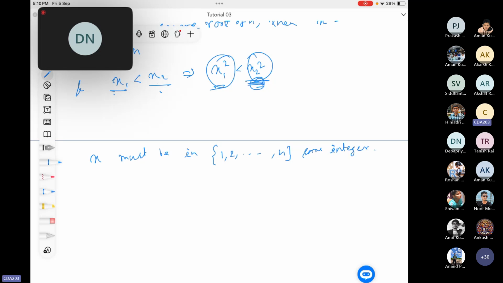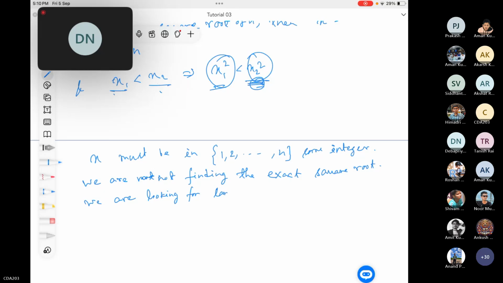And also, we're not finding the exact square root, it's okay. We are looking for the nearest integer.